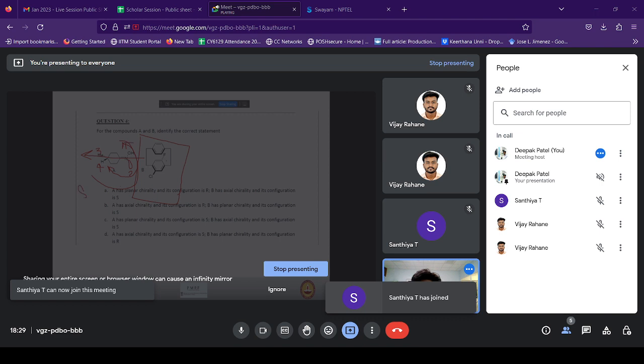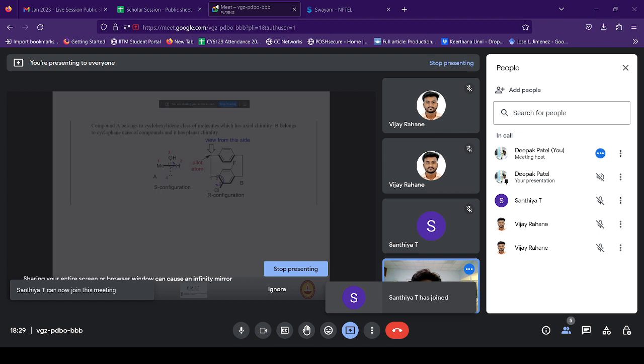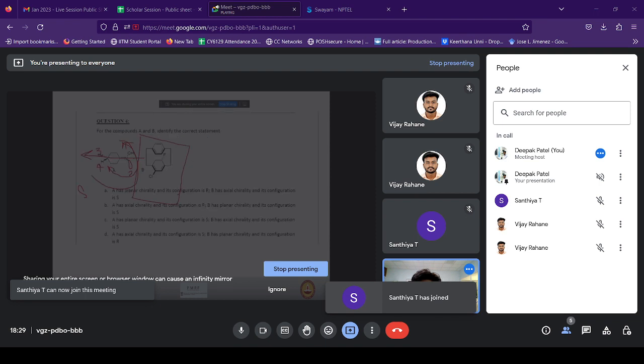Similarly, we can do this with this. You can see the same thing I am saying here. I showed a different method, but this concept you can apply. Always pass a plane through the axis which is in the plane, like you are passing through here. Always draw an arrow from this side to this side, and start numbering from this.